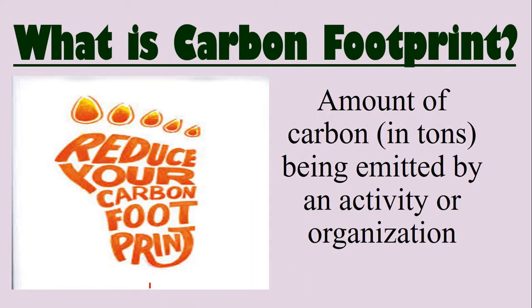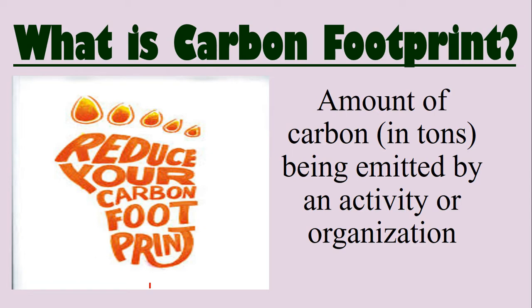Now, when you talk about ecological footprint, you can also talk about your carbon footprint. It's the amount of carbon in tons being emitted by an activity or an organization. I read an interesting article that said that Justin Timberlake, if you don't know who he is, go Google him, for every concert he plays, figures out the carbon footprint.